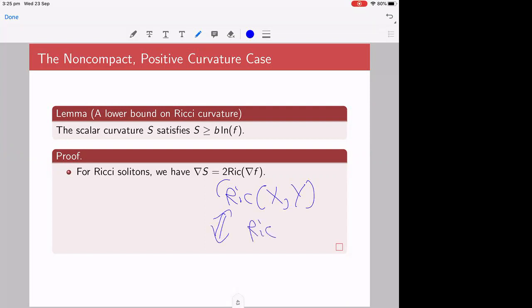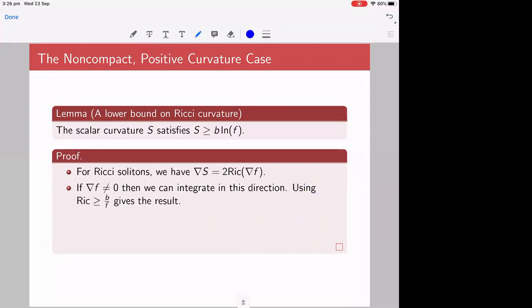So if we raise the indices on this particular thing, we get a linear operator. So it takes in a vector and spits out another vector. Turns out that at any point, the gradient of the scalar curvature is twice the vector which is found by applying the gradient of f to the Ricci curvature. So this is actually a fairly standard equality for Ricci solitons. The reason this is so handy is, well, we basically just integrate that equation.